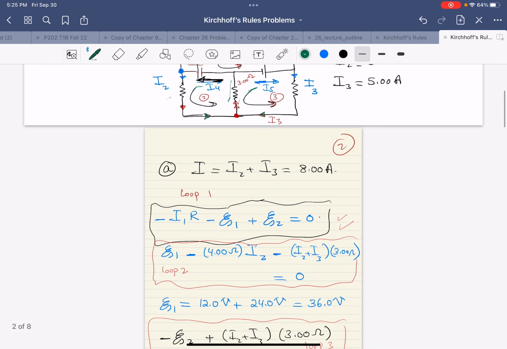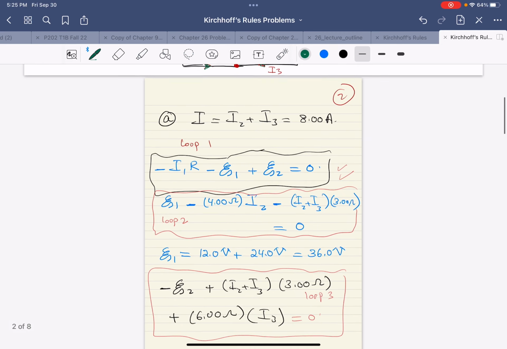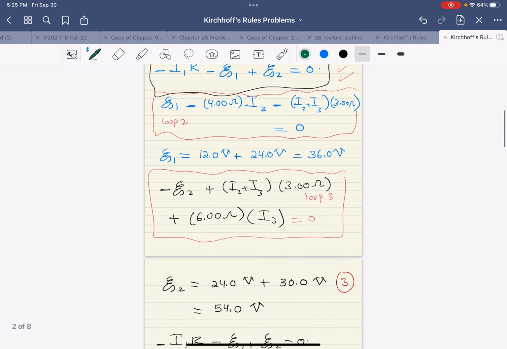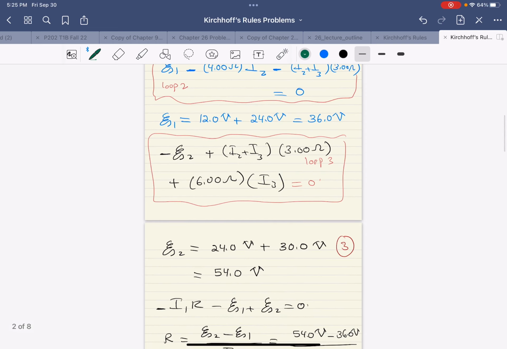And finally, I will go against the current in the 6 ohm resistor, and therefore it's going to be plus 6 ohms times I3, and that equals 0. Also here, I can do the calculation, and I have calculated E2 to be 54 volts.